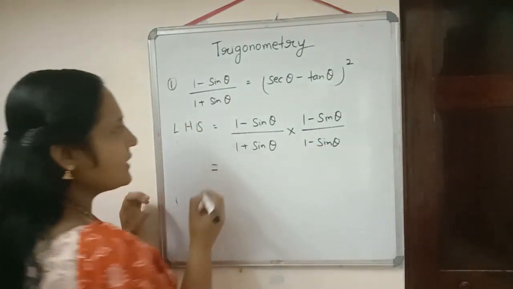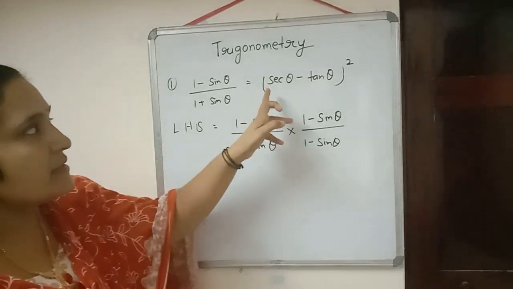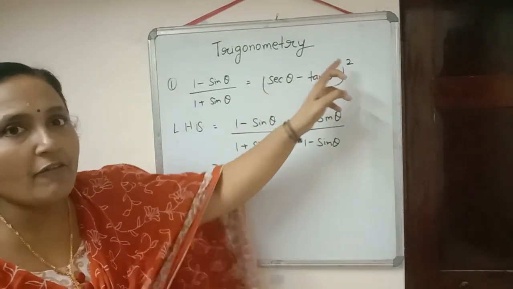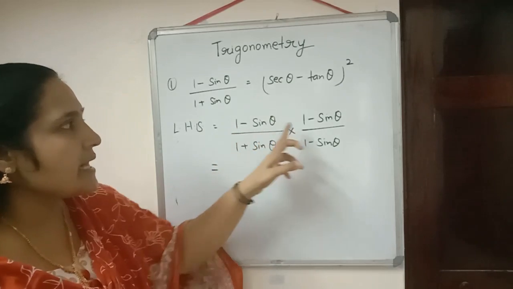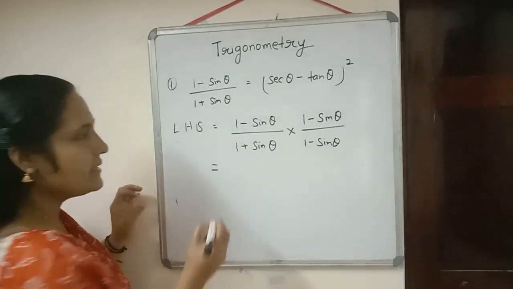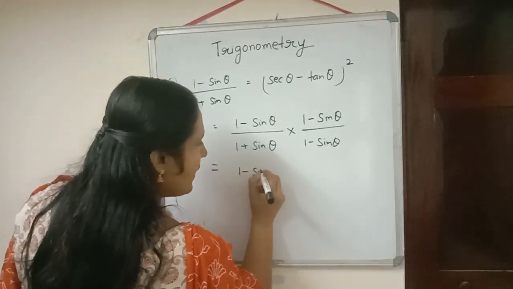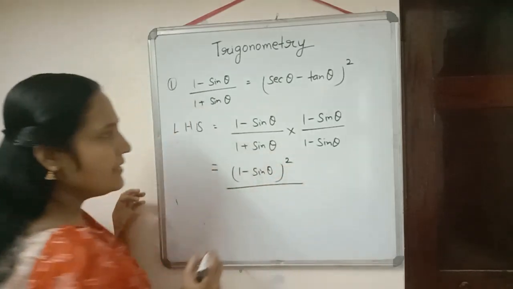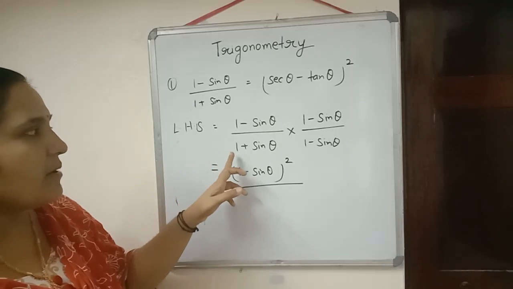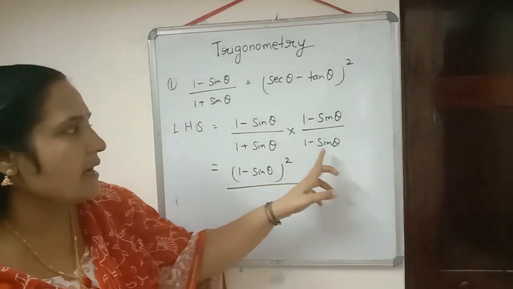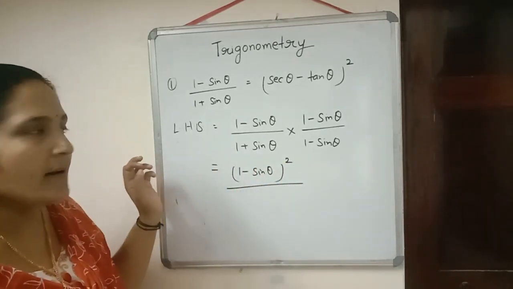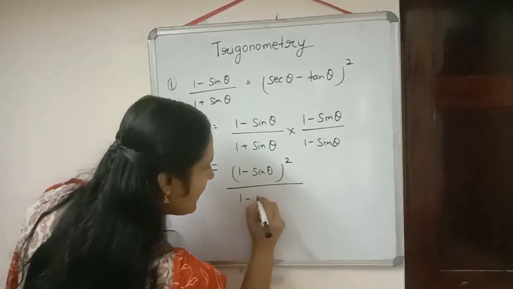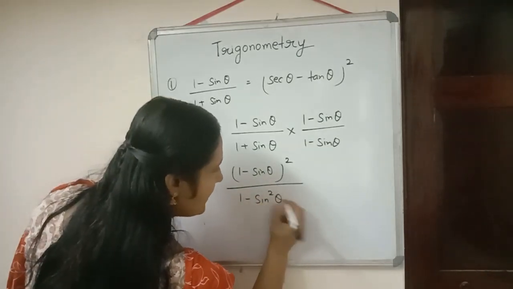So numerator you can check. Don't multiply because we need the expression in the form of square. So (1 minus sin theta) into (1 minus sin theta) will be equal to (1 minus sin theta) the whole square. By denominator you can check, it is in the form of (1 plus sin theta) into (1 minus sin theta). So that will be equal to 1 minus sin square theta.